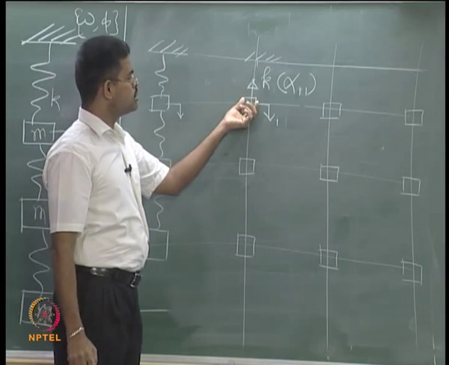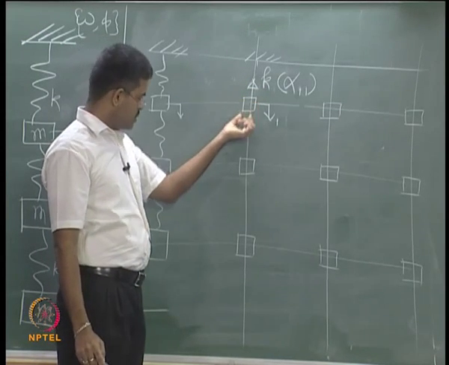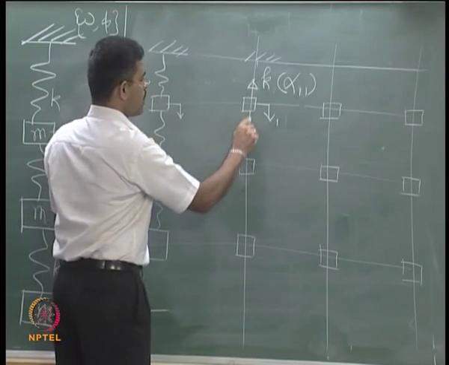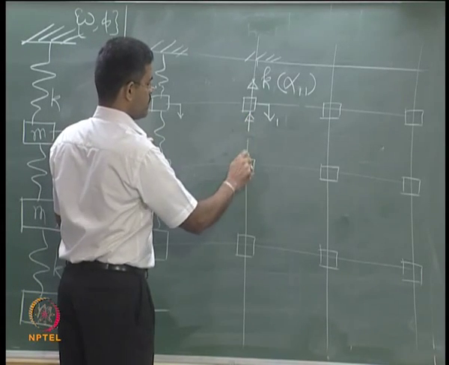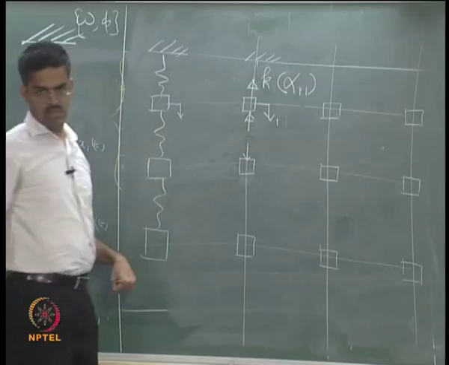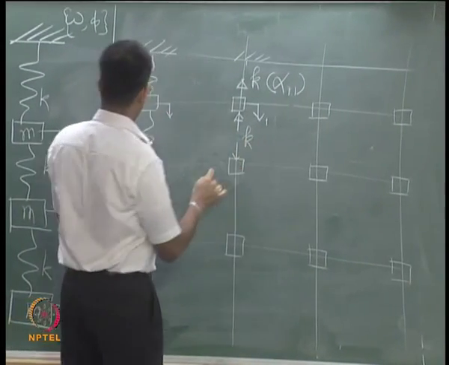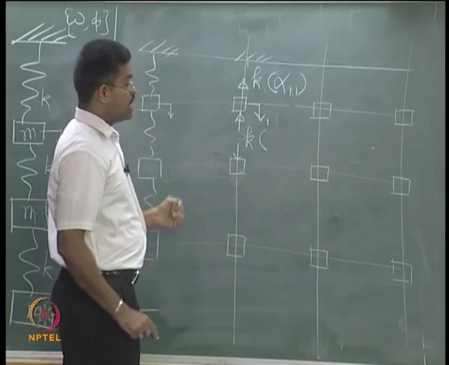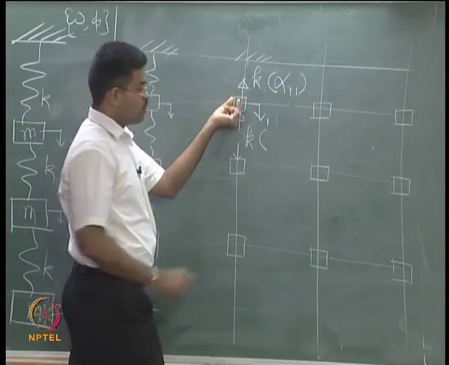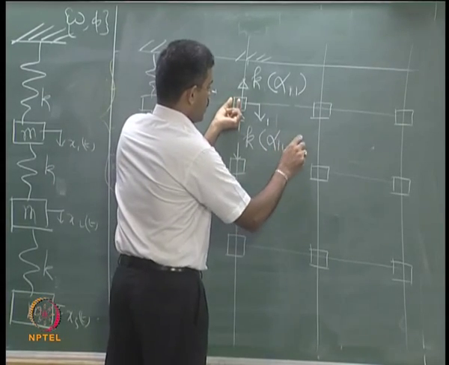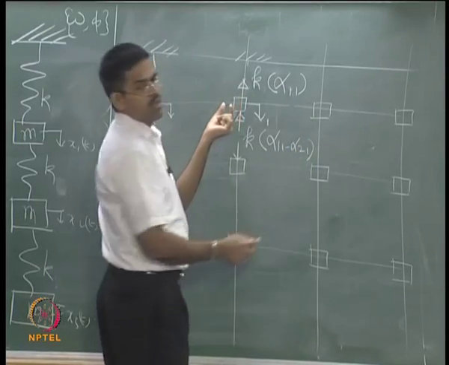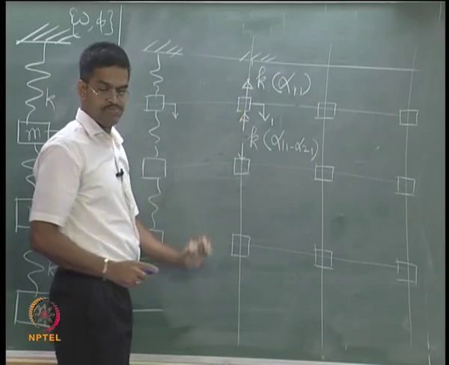When I pull this mass down, this spring will counteract like this, and this value will be the stiffness of this spring multiplied by, starting from here, alpha 1 1 minus alpha 2 1, because it is relative displacement.